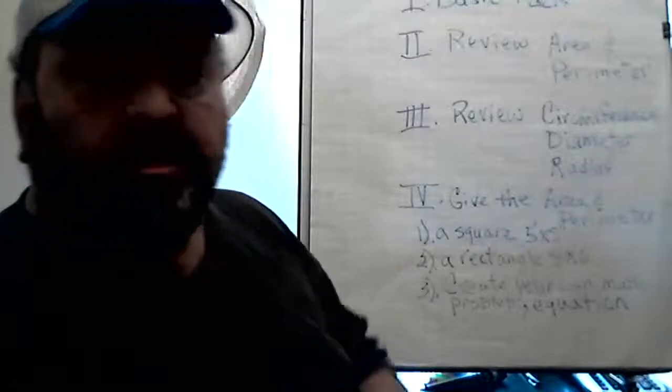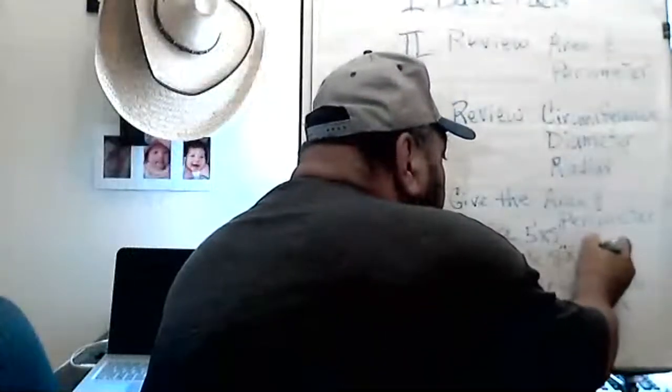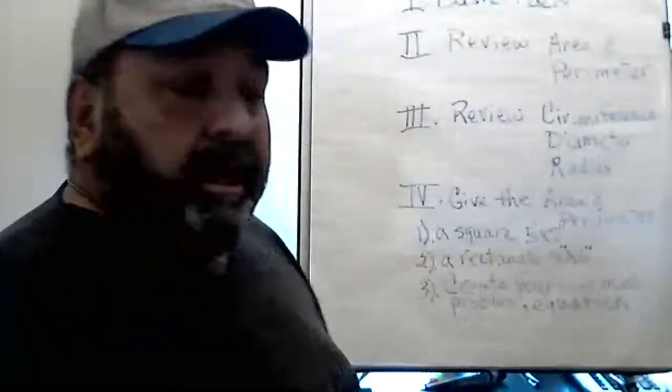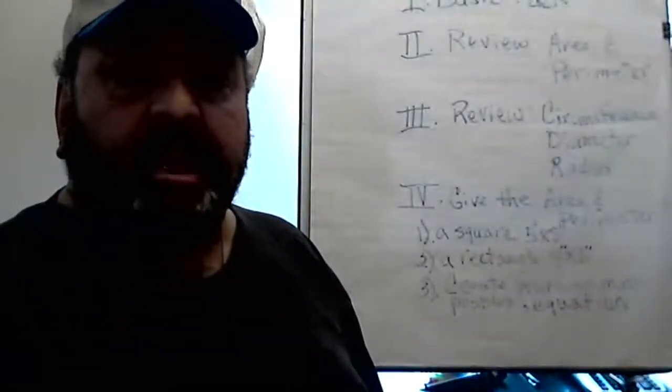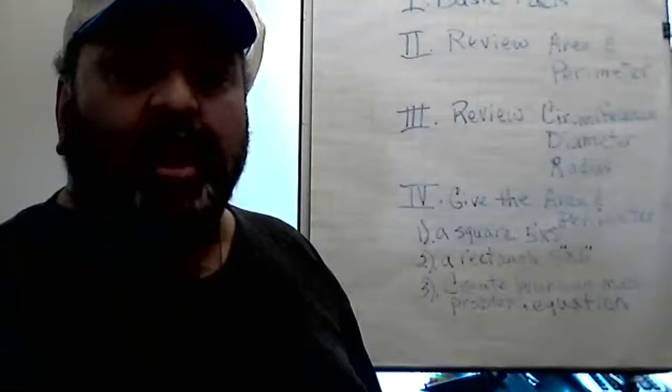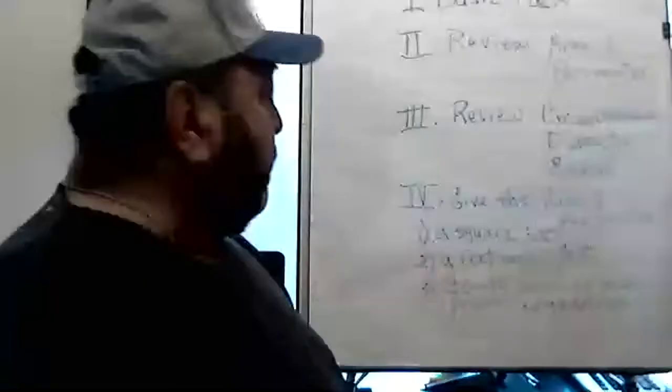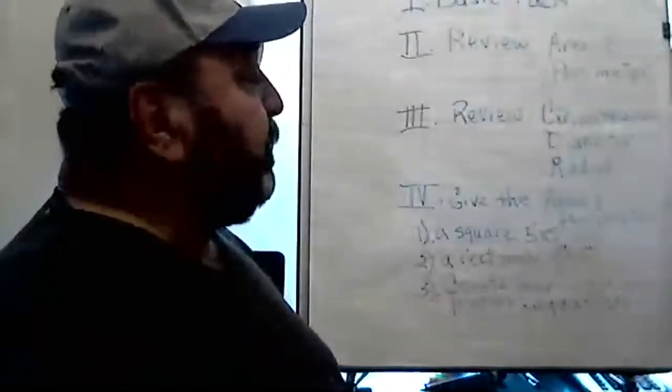And you know what? I forgot to put the inch symbol. There we go. So secondly, I want you to give me the area and perimeter of a rectangle 8 inches by 6 inches. Lastly, number 3, I want you to create your own math problem equation using circumference, diameter, and perimeter.